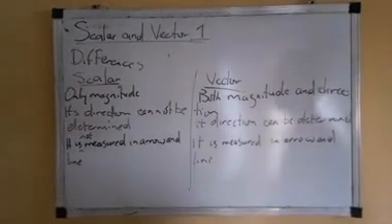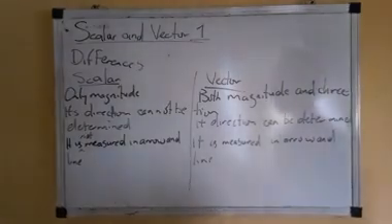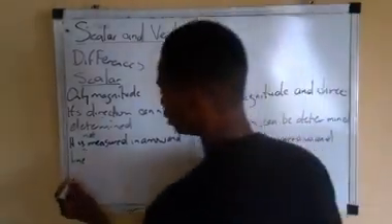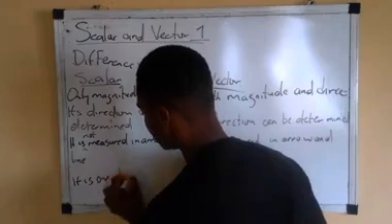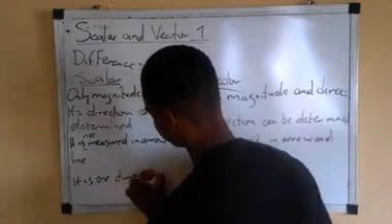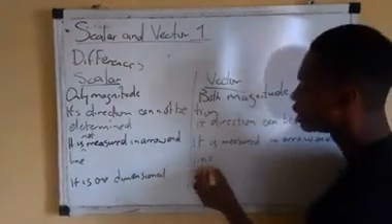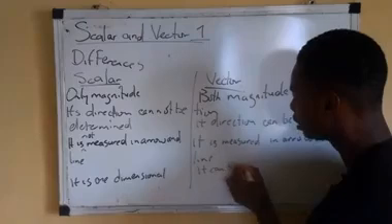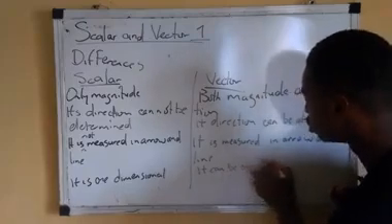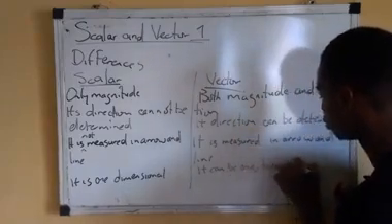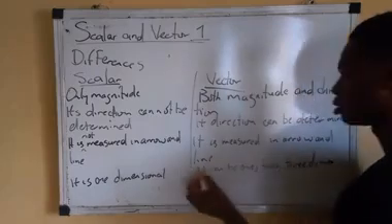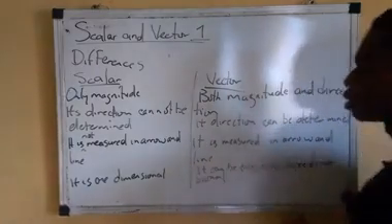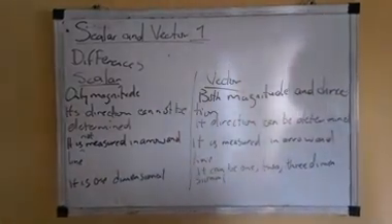Vector can be measured in arrows and lines. One more. In this one, it is one-dimensional. Here, it can be one, two, or three dimensional.